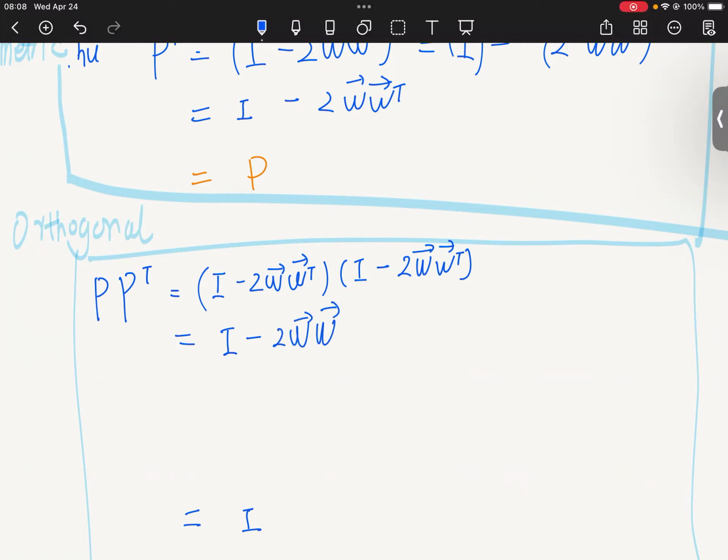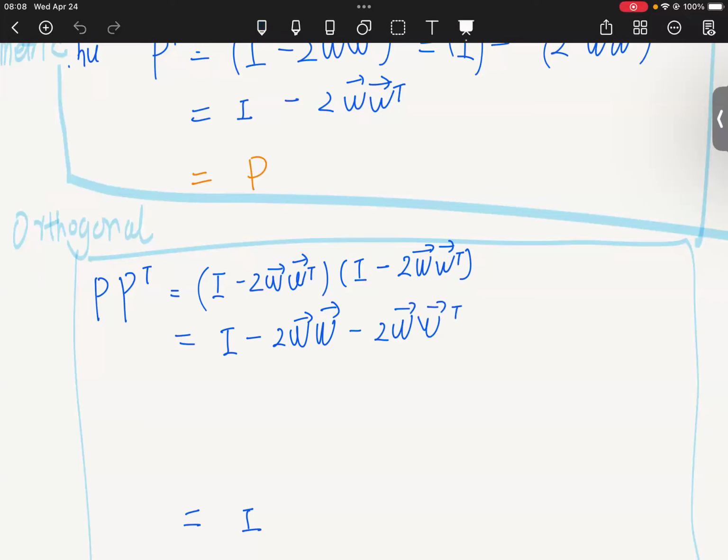Next, I multiply the second parenthesis with the first component, and I get minus 2W W transpose.